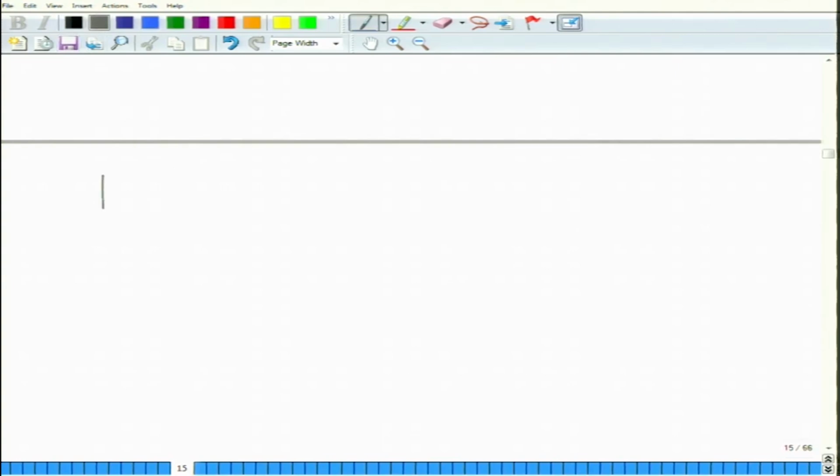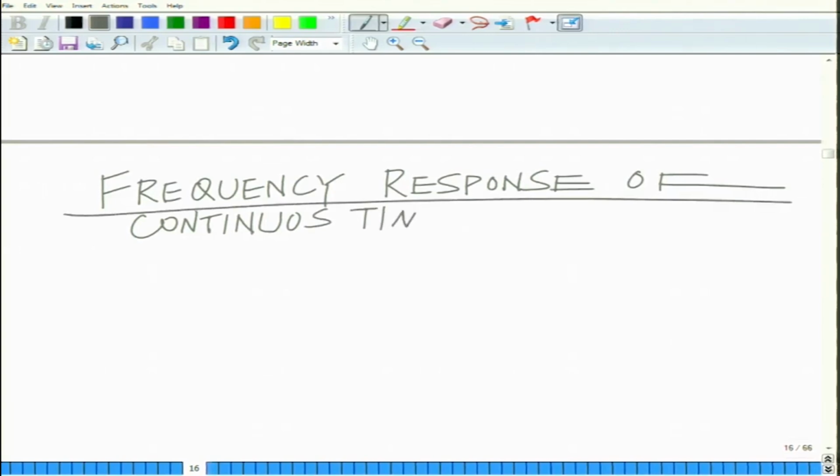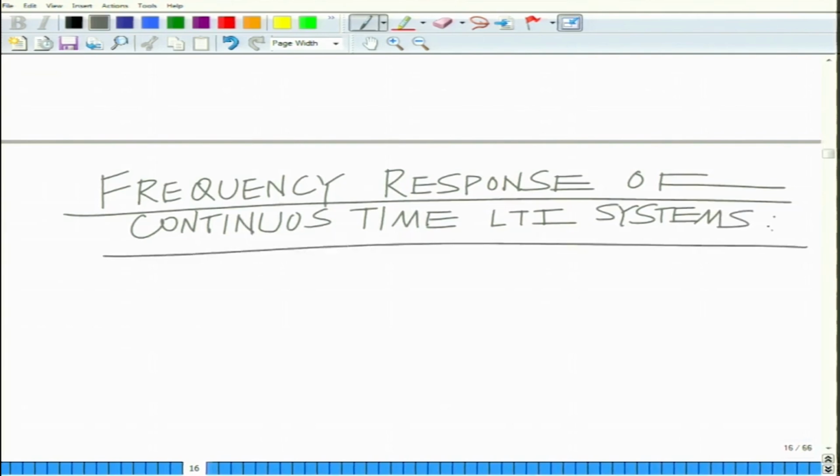Now, we want to explore the frequency response of a continuous-time LTI system, since you are dealing with continuous signals.